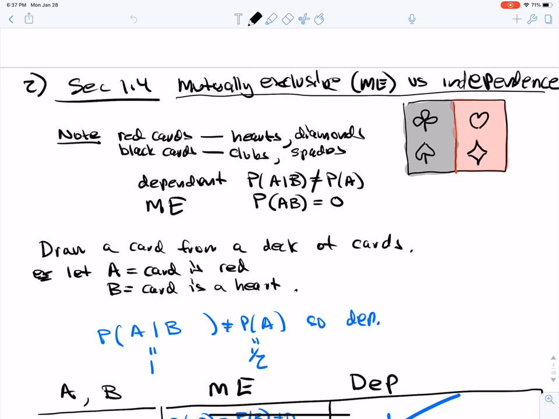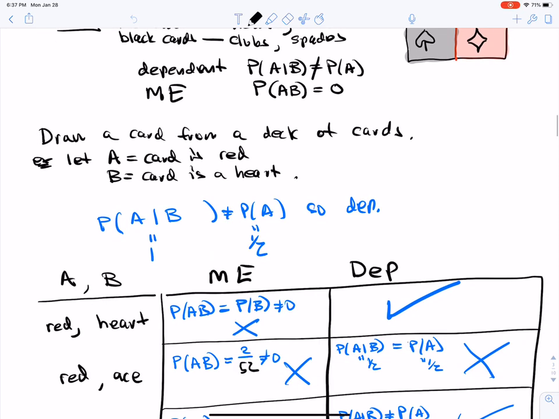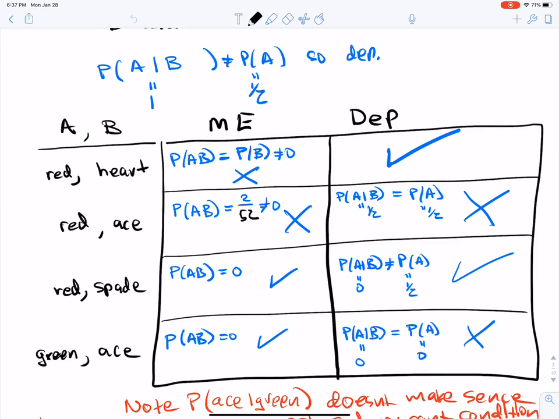For example, draw a card from a deck and let A be the card is red and B the card is a heart. Since a heart is a red card, the probability of A conditioned on B is just 1, which is not the same as the probability of a red card. So this is dependent, and I then had you fill out this table.